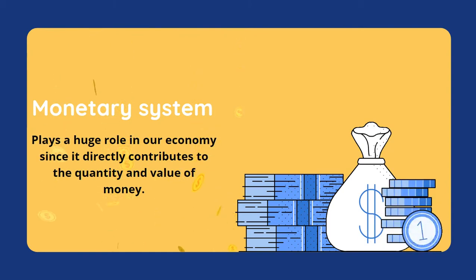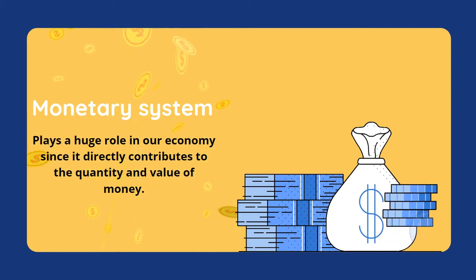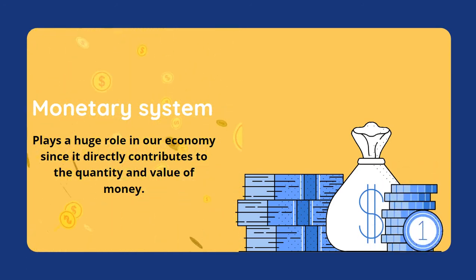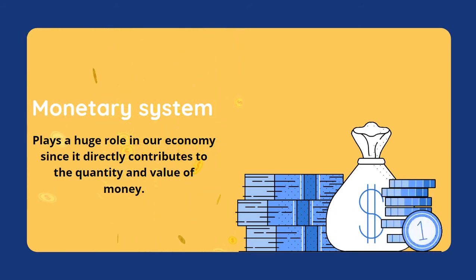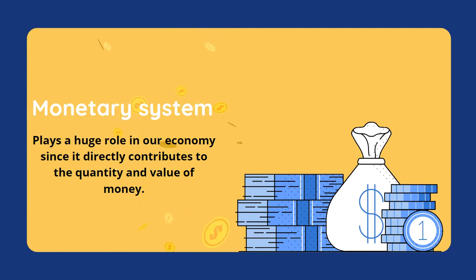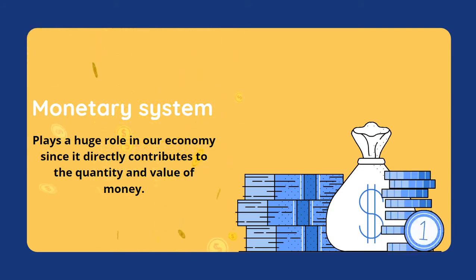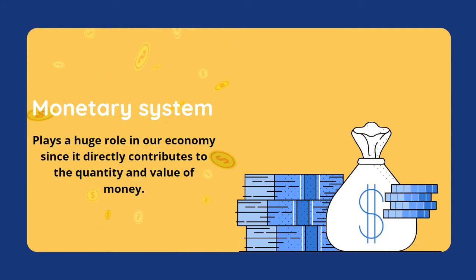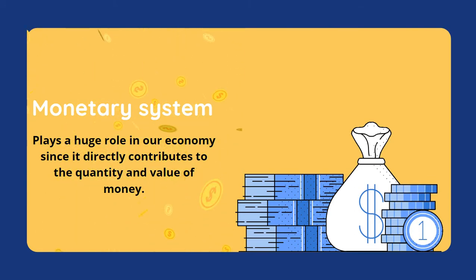So, monetary system. What could this monetary system be? So, this monetary system plays a huge role in our economy since it directly contributes to the quantity and also the value of our money. So, the monetary system refers to a set of institutions that provide a supportive framework for the creation of money in an economy by our government.